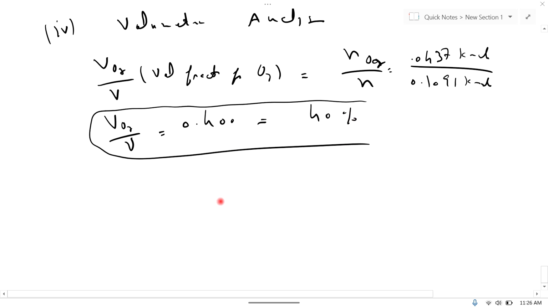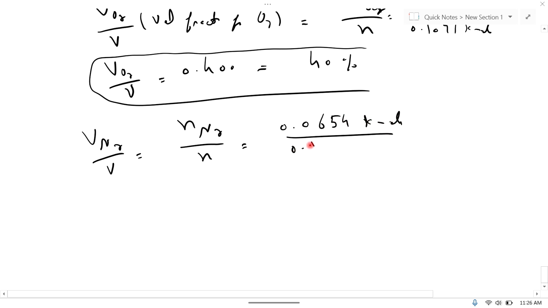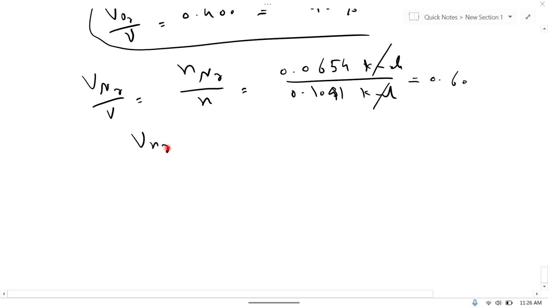And the volume fraction of nitrogen is equal to the number of moles of nitrogen divided by the total number of moles, which is 0.0654 kilomole divided by 0.1091 kilomole. Kilomole is cancelled with kilomole, and this is equal to 0.60. Now convert this into percent, which is equal to 60%.